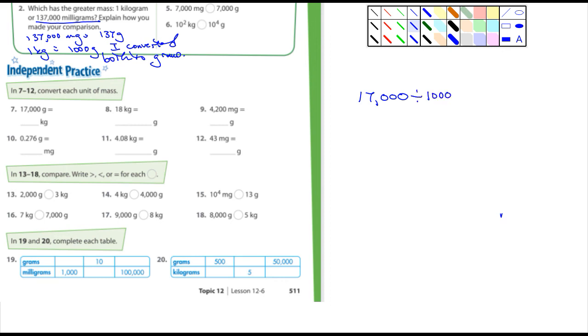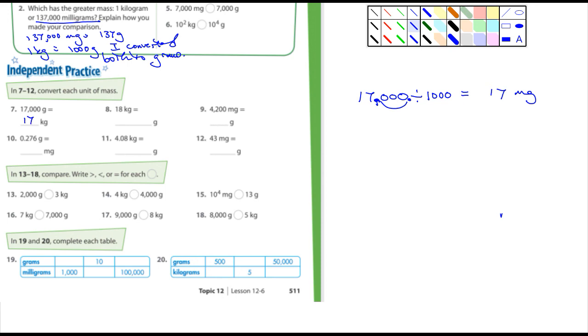How many places do we move the decimal? We're going to move it 3 places, right? So the decimal in 17,000 is right here. We move it 3 places. It's going to be right where the comma is. So 17,000 grams is equal to 17 kilograms.